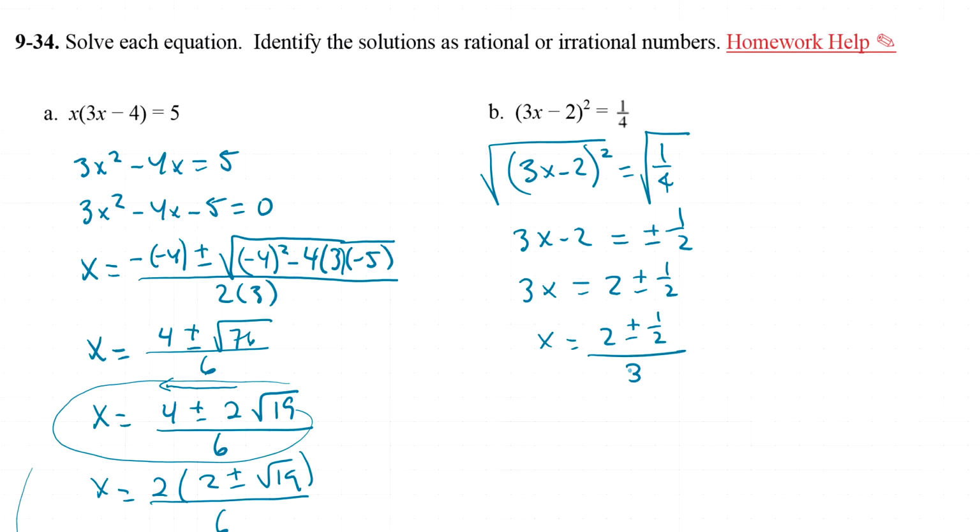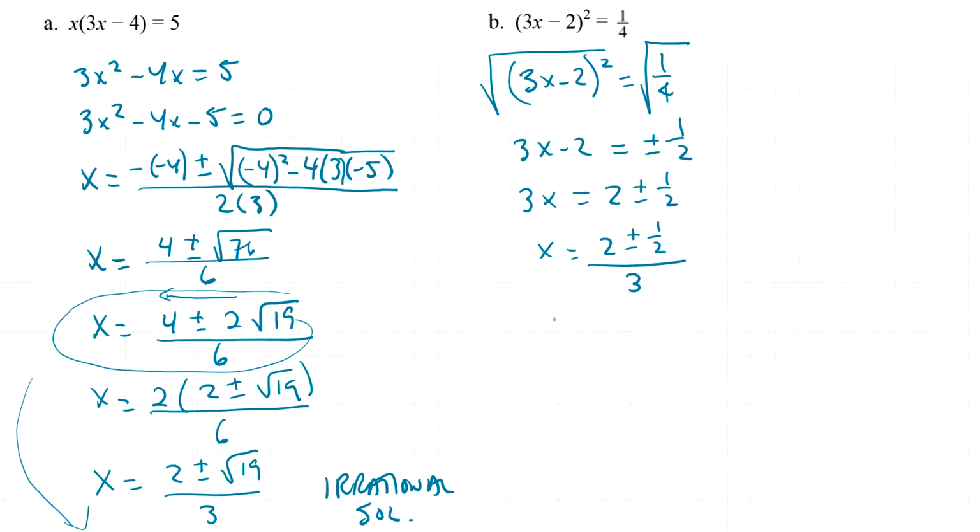Alright, so then my solutions are going to be x equals 2 plus 1/2 divided by 3, and it's going to be x equals 2 minus 1/2 divided by 3. And so I'm just going to keep it as fractions just to practice fractions. If you're going to add these, you need a common denominator, right?